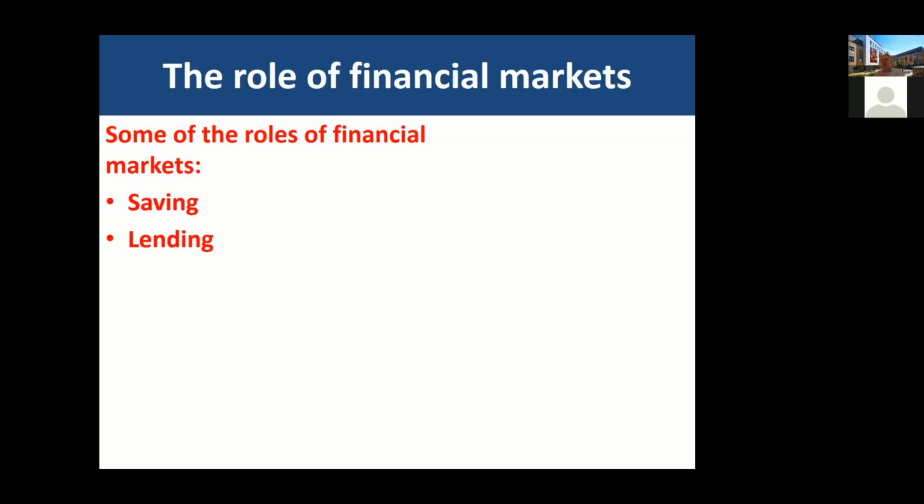And we'll go through this in a little bit more detail shortly, but financial institutions can provide lending to both firms if they want to expand their business, or they might lend to individuals, to consumers, to buy what we call consumer durables, so things like cars, TVs, other white label products. So there's a key role for financial markets in facilitating saving and lending.